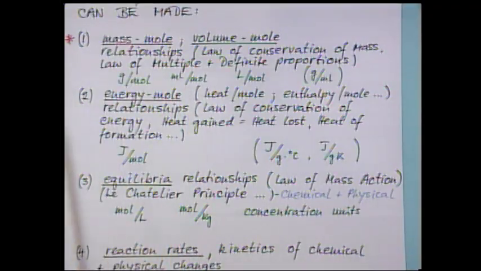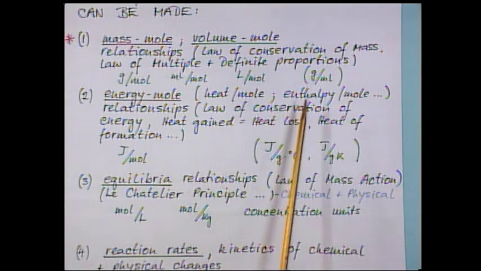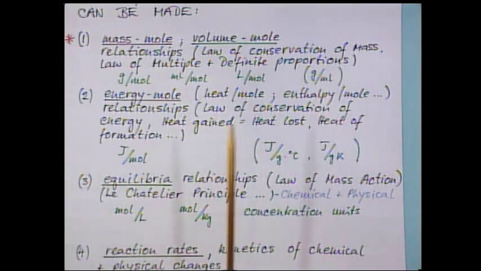So we have gram-mole ratios, milliliter-mole ratios, or liter-mole ratios. And the density also fits in here a little bit, because sometimes when we have only milliliters given, we have to get the grams, and that, you remember, is easily accessible by the density ratio, which relates grams per volume. So we can easily get our grams.